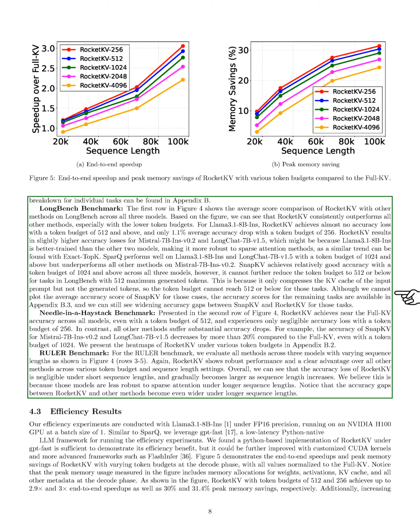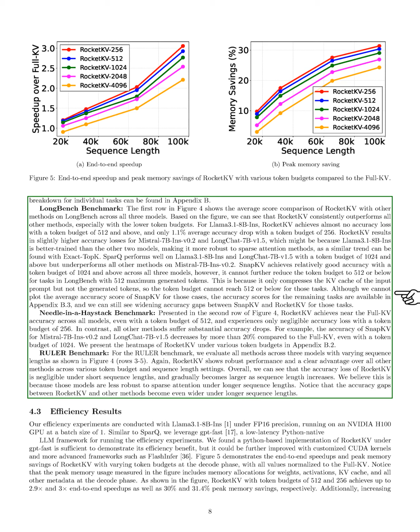SnapKV achieves decent accuracy with a token budget of 1024 and above across all models, but cannot reduce the token budget to 512 or below for tasks in LongBench with a maximum of 512 generated tokens, as it only compresses the KV cache of the input prompt, not the generated tokens. Although we cannot display the average accuracy score of SnapKV for those cases, the accuracy scores for the remaining tasks are available in the appendix, showing a widening accuracy gap between SnapKV and RocketKV.